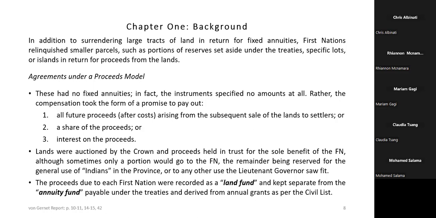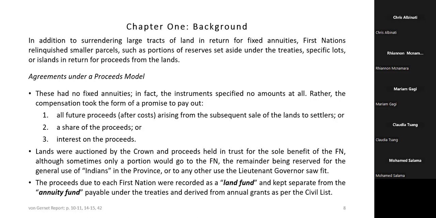These were dealt with not as these kinds of treaties, but rather as arrangements that involved the payment of future proceeds. And there were different types.